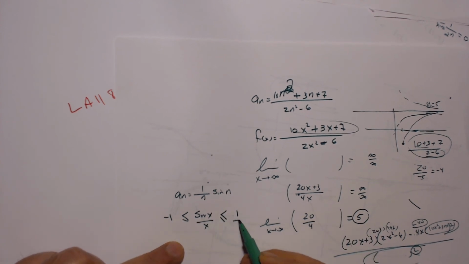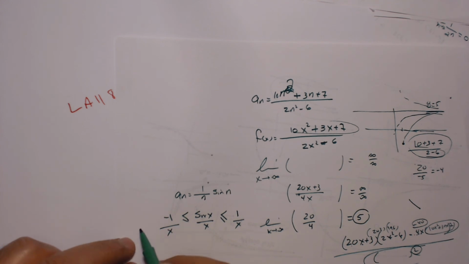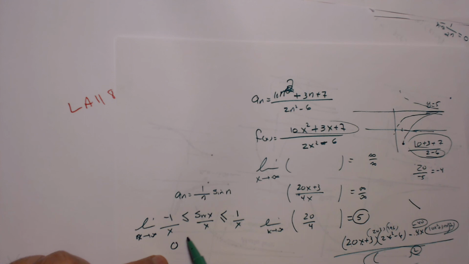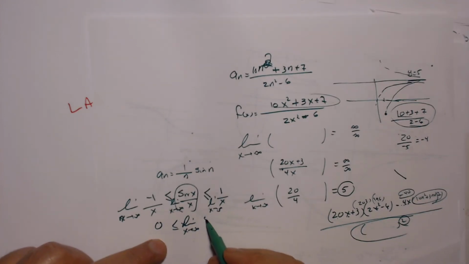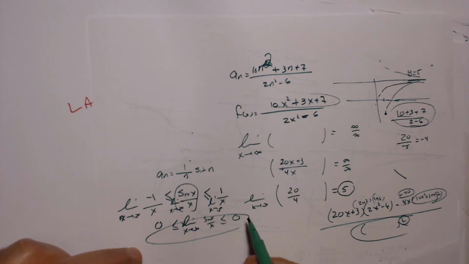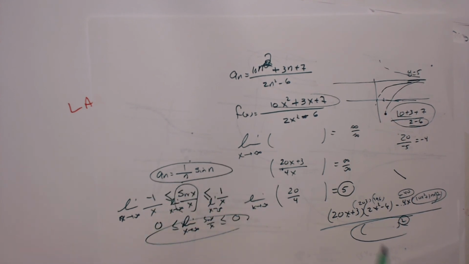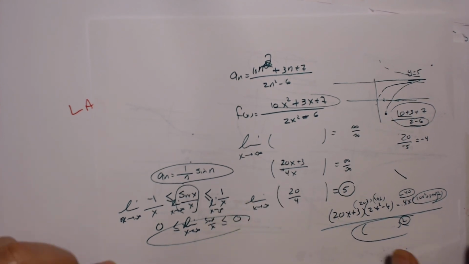I'm going to put the x in here, and I'm going to take the limit as x approaches infinity. That becomes 0. Therefore, this becomes the limit as x approaches infinity of sine of x over x, less than or equal to 0. And that limit is 0. Therefore, that sequence, as n approaches infinity, converges. And it converges to 0.